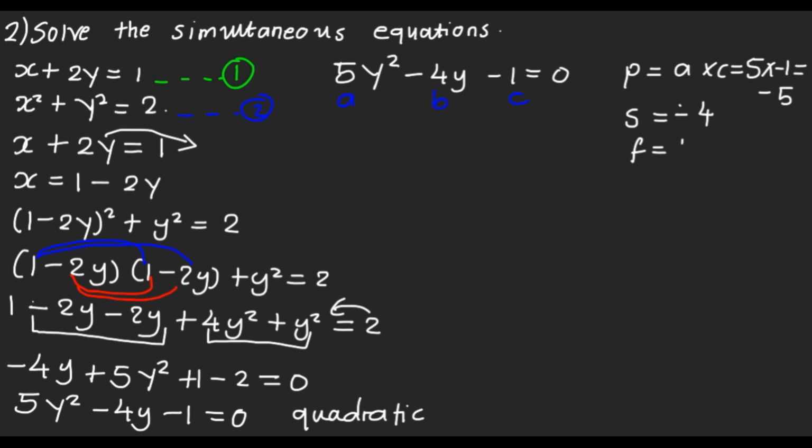So in our case, 1 and 5 will be the factors, but we are going to put negative to the bigger number since the sum is negative. So now let's proceed. We have 5y squared minus 5y plus 1y, which is, we'll just say y, minus 1 is equal to 0.